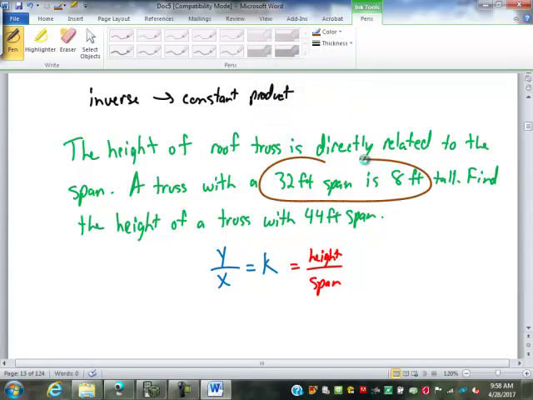So we have a truss that is 8 feet tall on a span of 32 feet. We're looking for what its height would be on a span of 44 feet. So we can set it up like that as a ratio, as a proportion, and cross multiply and divide. That height will be 11 feet.